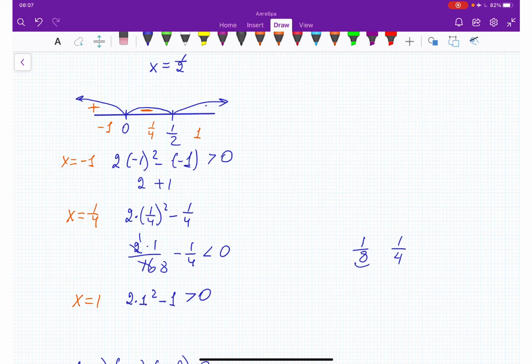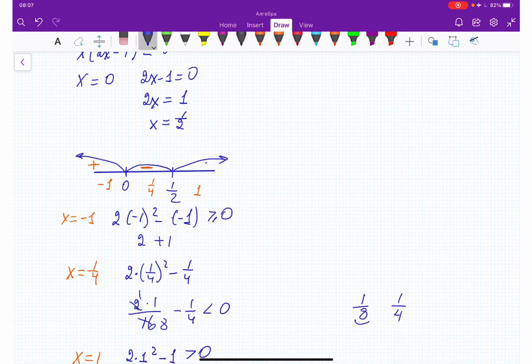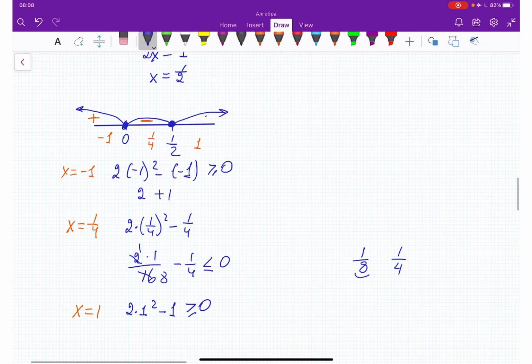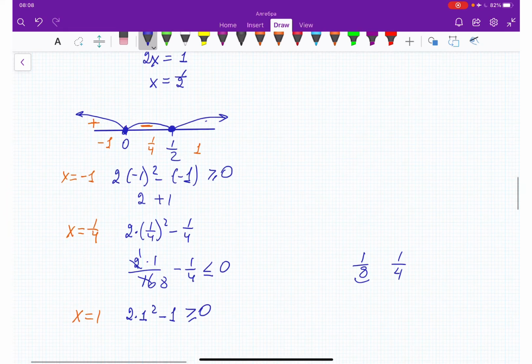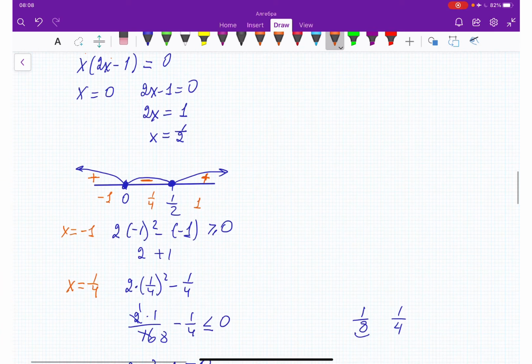I forgot to put the equal sign everywhere, because here we have greater equal, which means every single point is going to be solid, it's included, because we have equal sign. Here also. So, and it's going to be positive. Here it is positive. Which one is going to be the solution? Since our original inequality is greater than 0, we look at the ones that are greater than 0, which is going to be less than 0, and greater than 1/2.